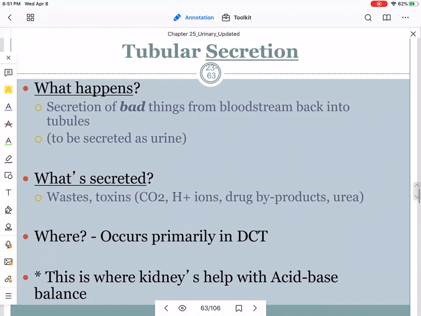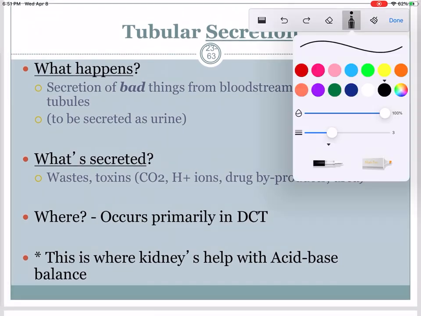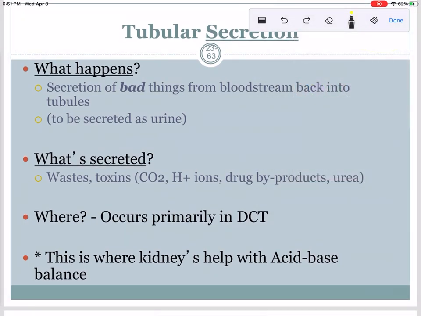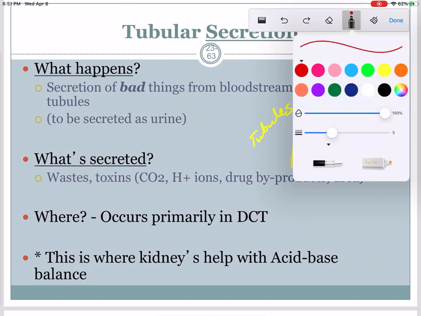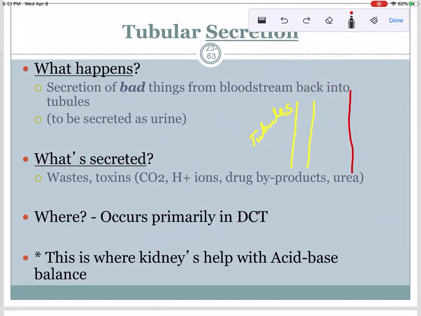I want to talk about tubular secretion. So let's set up our same thing as we had before. So we have the tubules, right? And then alongside it, we have the peritubular capillaries, okay?